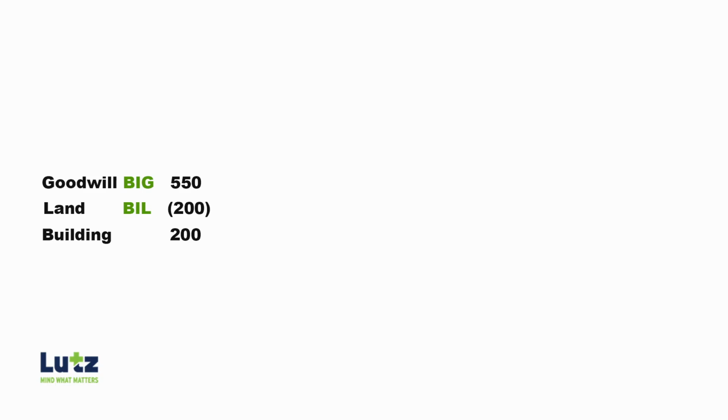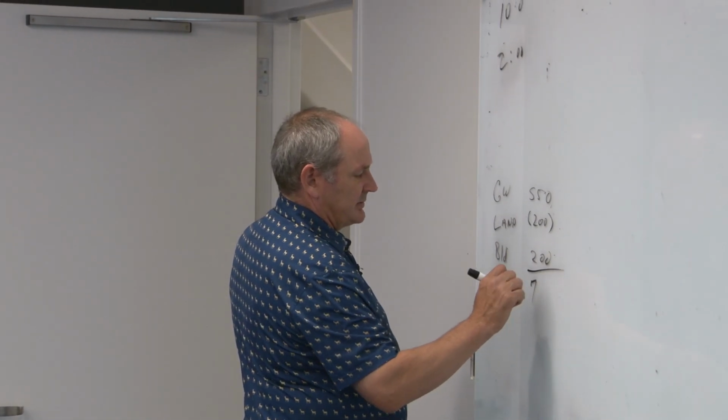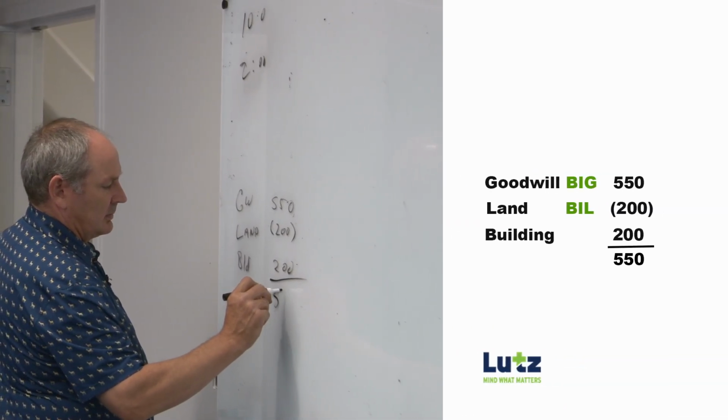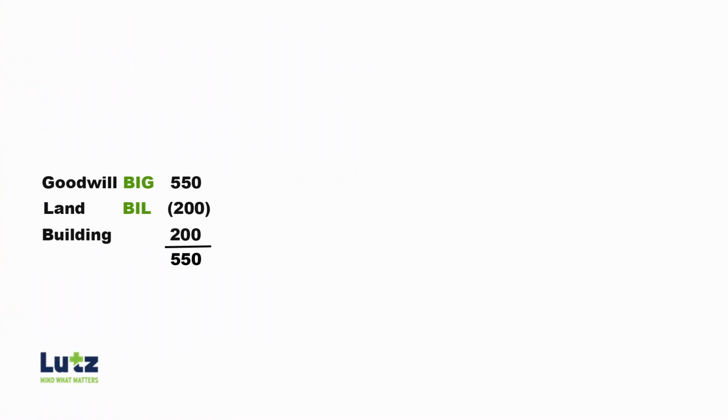So I have an overall entity built-in gain of 550. Correct? So if I sell the building, I have a recognized built-in gain of 200.